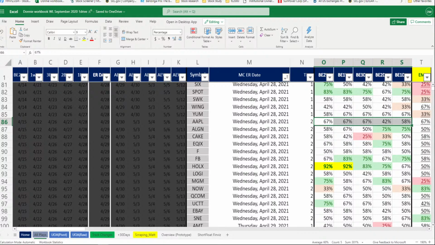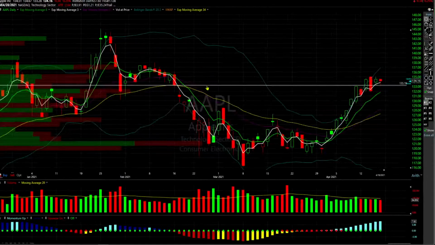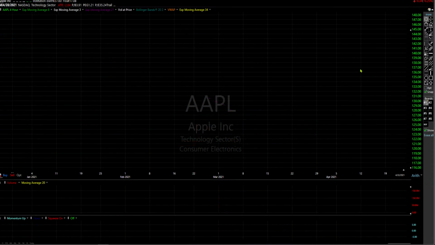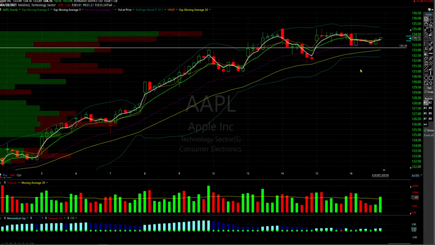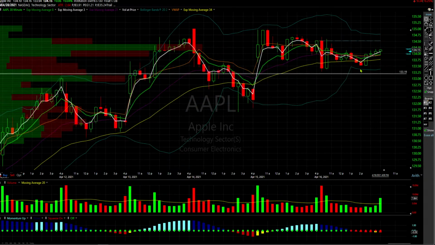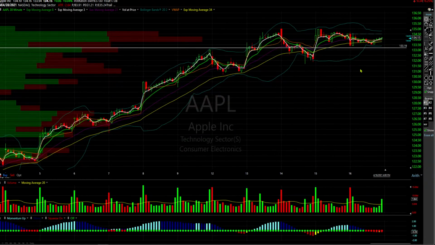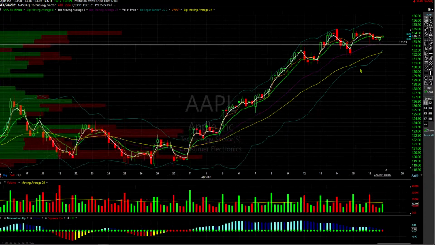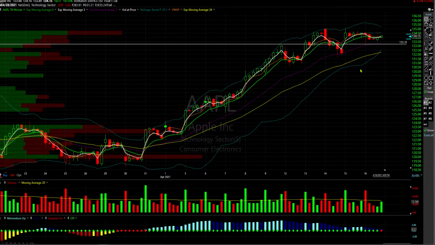So if you look at the Apple chart, right here's the gap fill. So you can see that line we gap filled and we broke above, and now we're just coming back and back testing it. So structurally the chart is nice. It's sound, and I was looking for some squeezes on it, and you've got a nice little 30-minute here, and you've got the start of a 78-minute. So the 78-minute needs a little bit more time to develop.